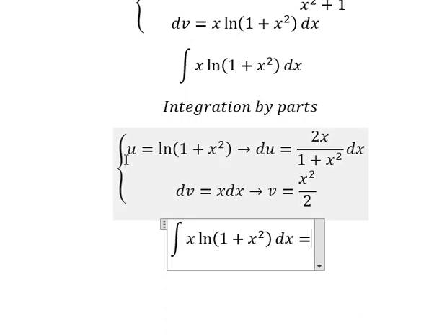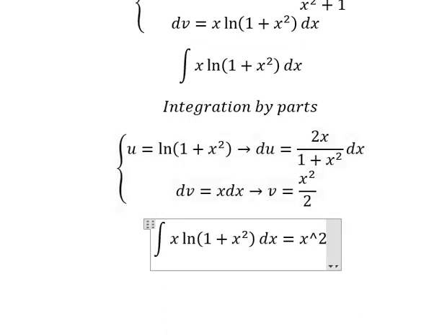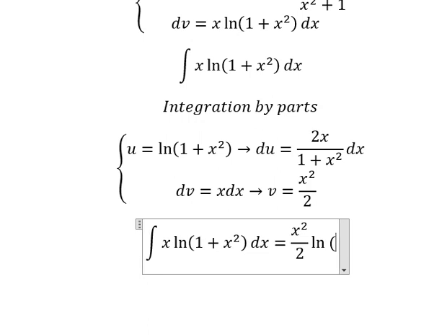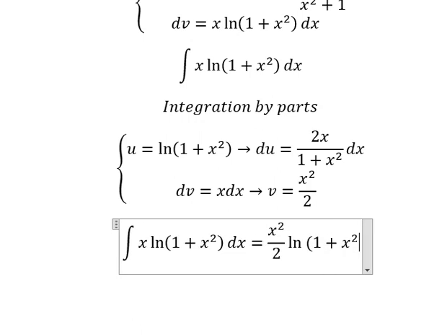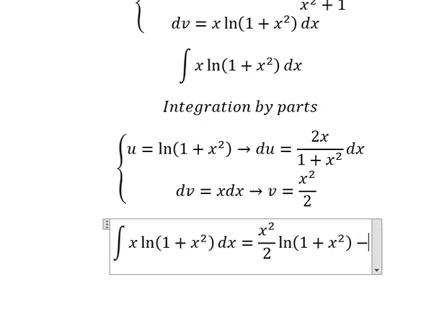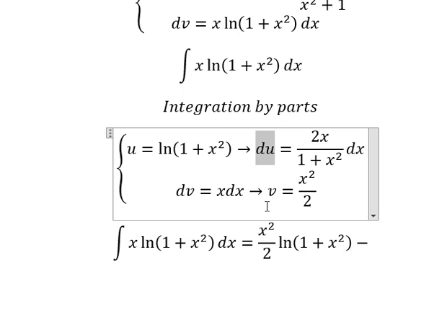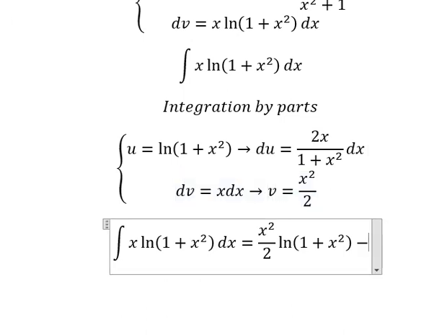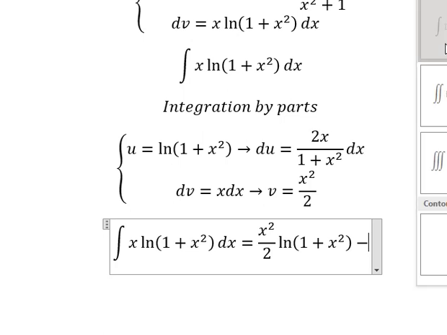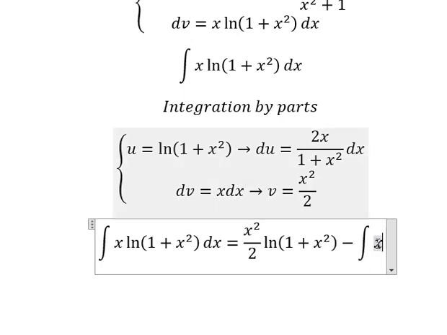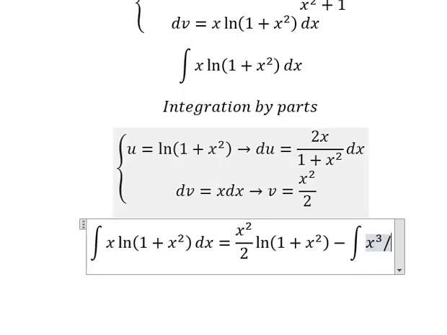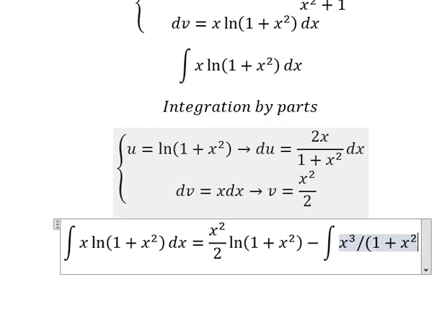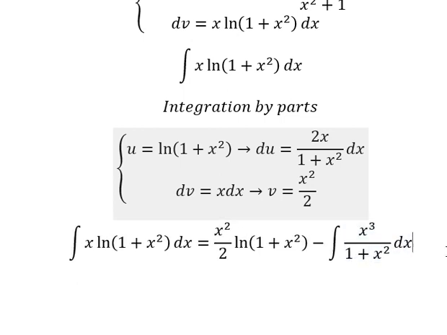So this one we have u multiplied by v minus the integral of v multiplied by du. So 2 and 2 we cancel, and now we have the integration of s to the power of 3 over 1 plus s squared ds.